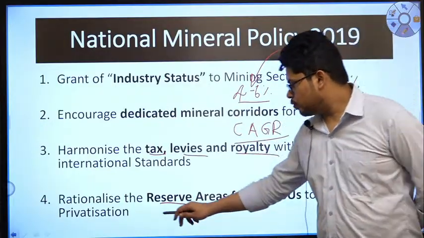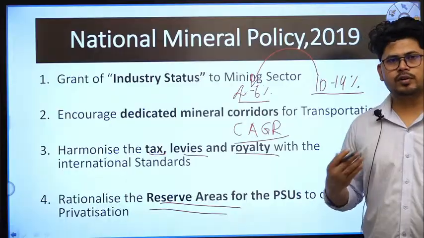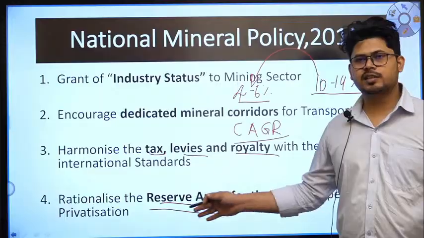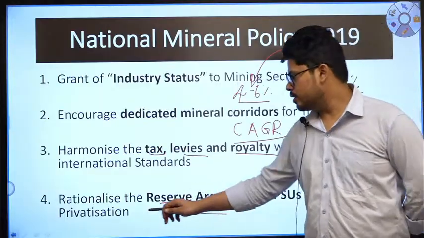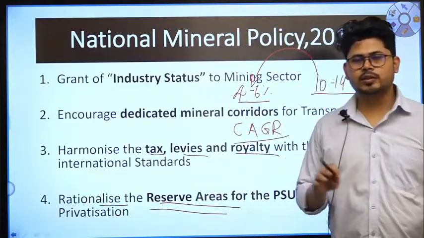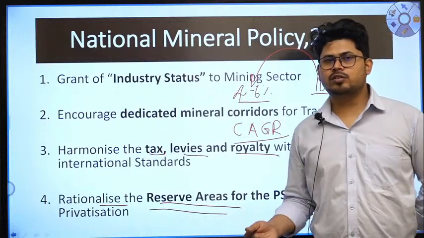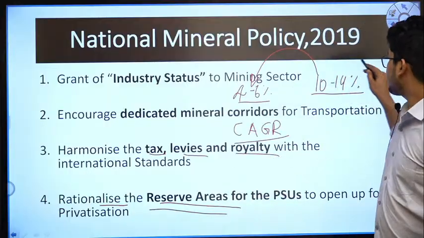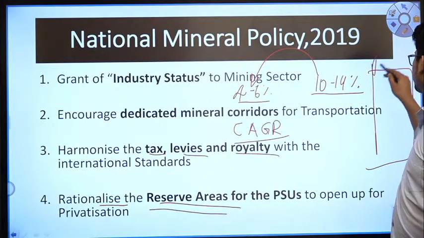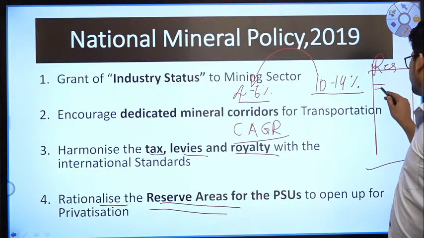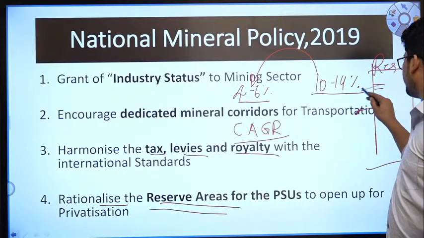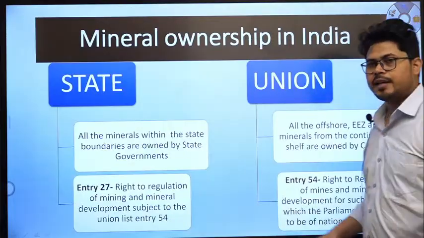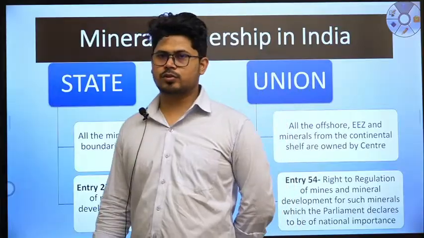So to improve our mining capabilities, to improve our self dependence or atmanirbharta in the sector of mining, what we need to do is rationalize the sector so that it can be opened for privatization also. Rationalization does not mean privatization. Rationalization means that in the reserve list, many things should be removed and opened up for privatization. That is called rationalization. It is a precursor to privatization of course.